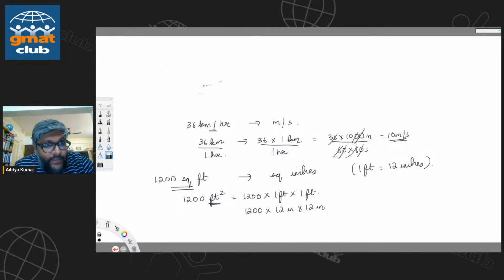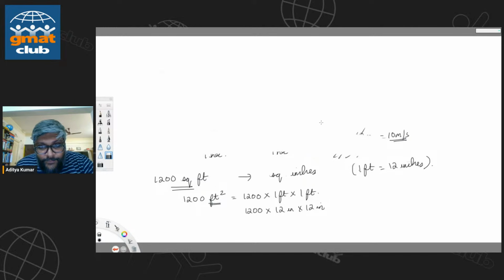Now, third. Now we go into actual speed, distance, and time. All your speed, distance, time questions can be broadly classified into one of two types.